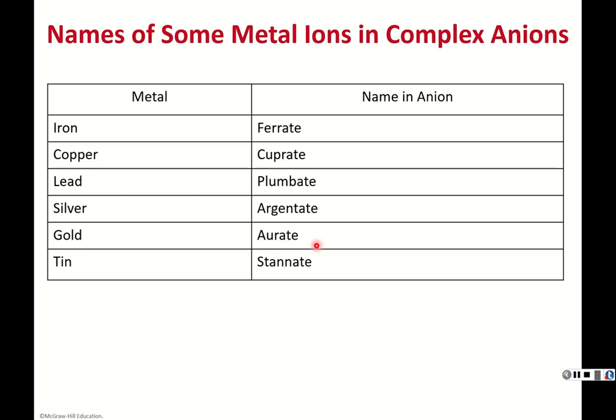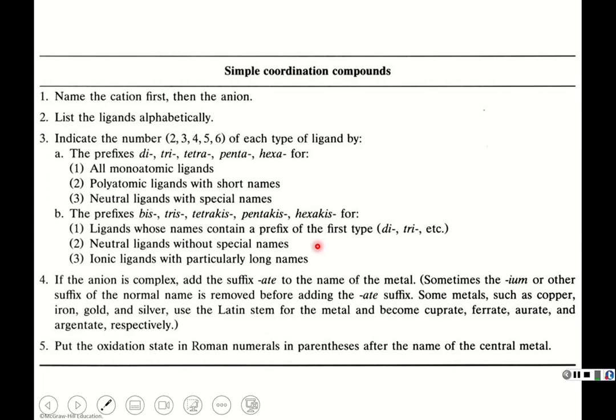I'm not going to be testing you on these, but just be aware of them, and we'll see full names like this. Typically on an exam, I will give you a full name and the formula for it, so you don't necessarily have to have all of these memorized. If you go on to work in inorganic chemistry, it's something that you will pick up.